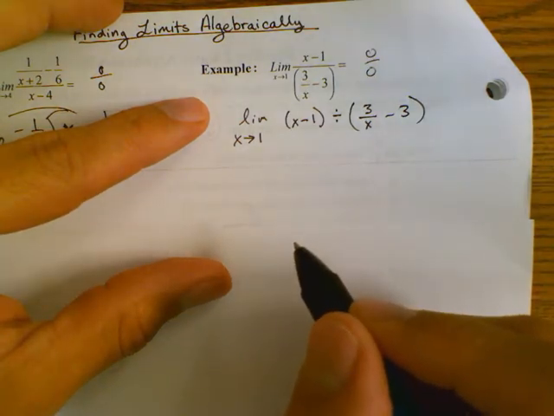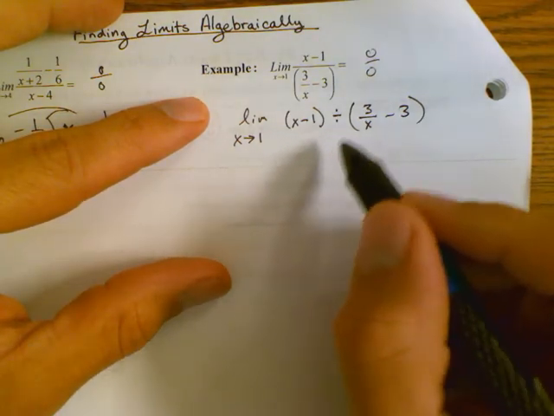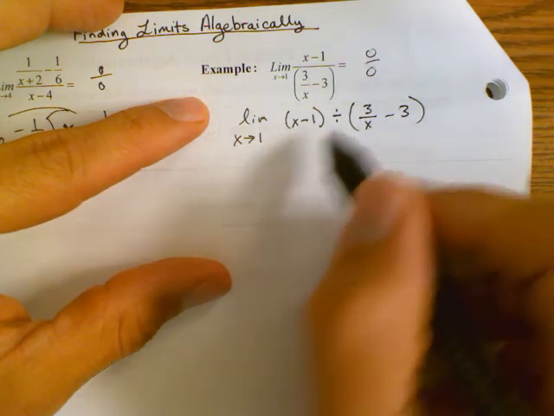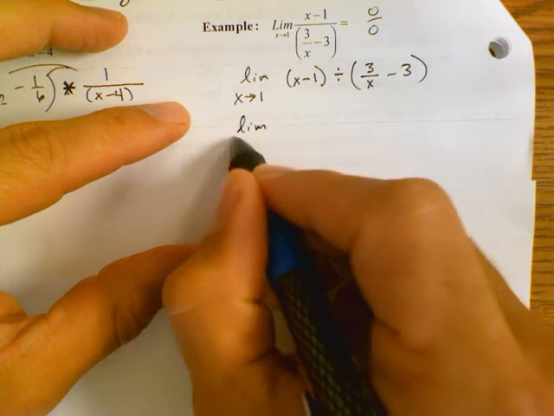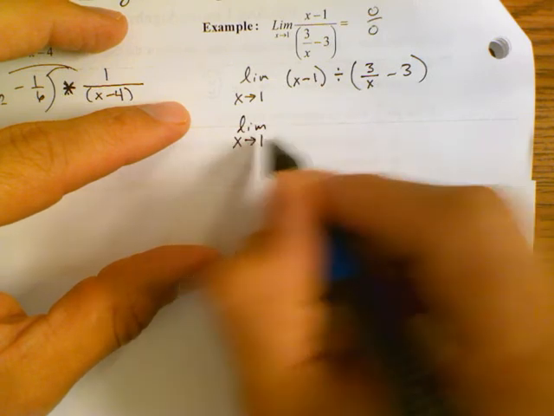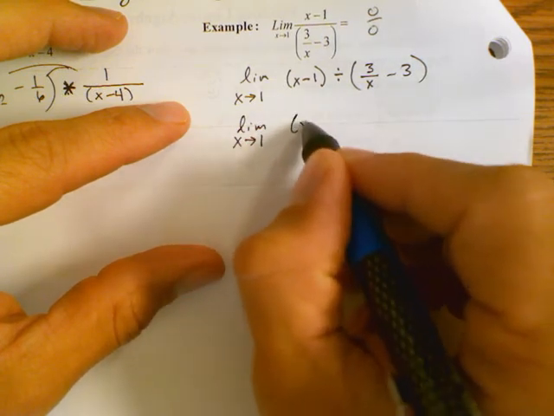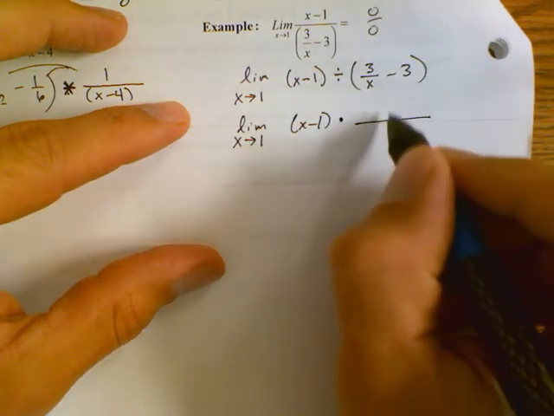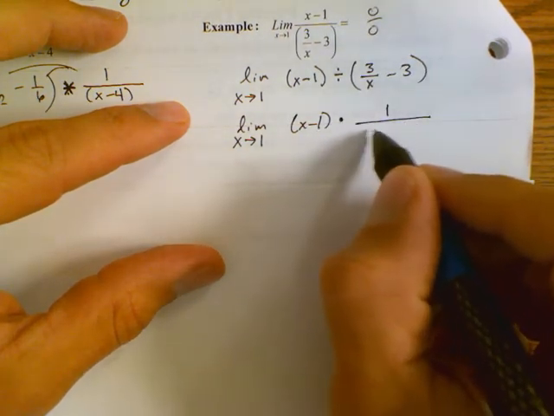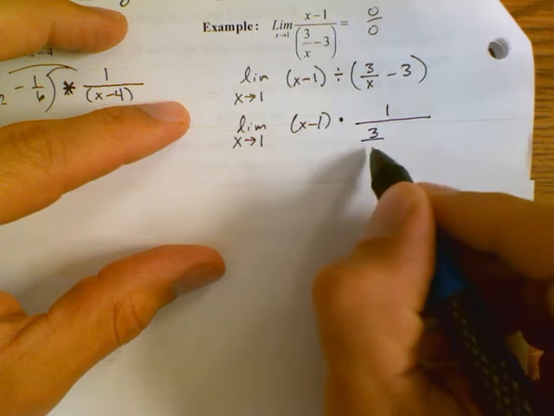Alright, so I could definitely have rewritten that as a multiplication. Okay, so limit as x goes to 1, x minus 1 multiplied by 1 over 3 over x.